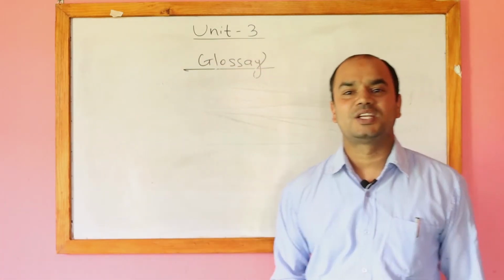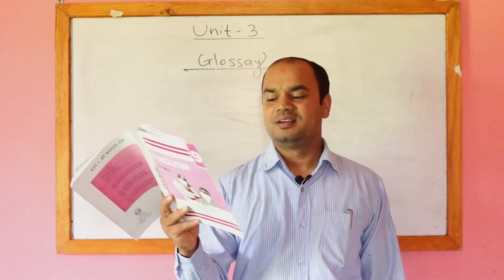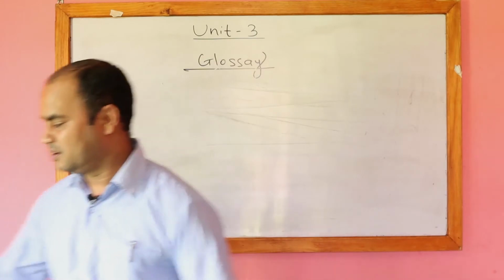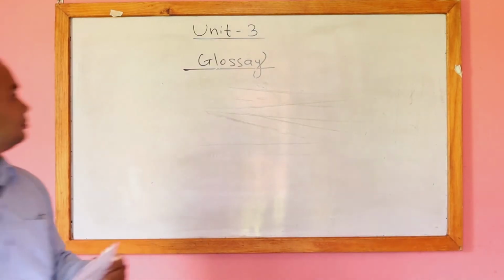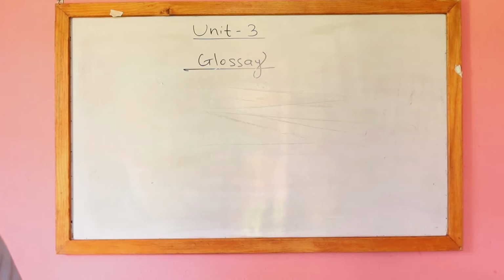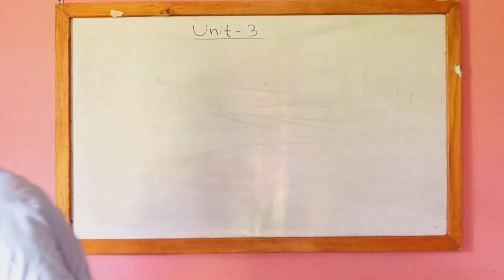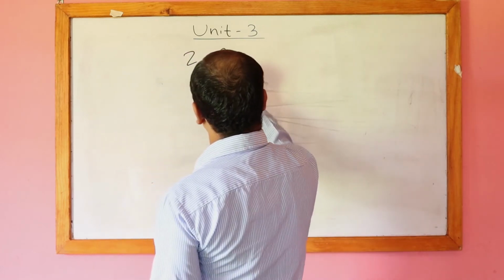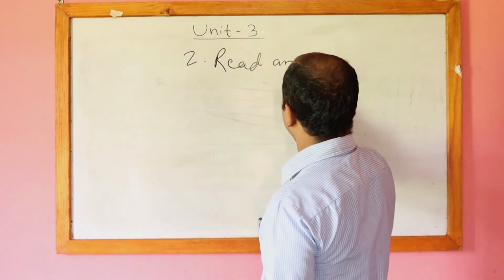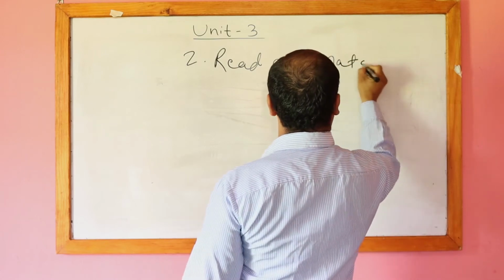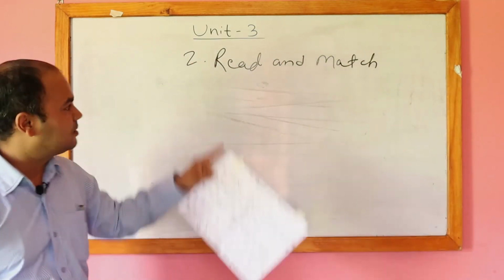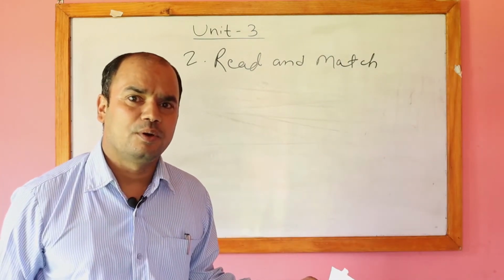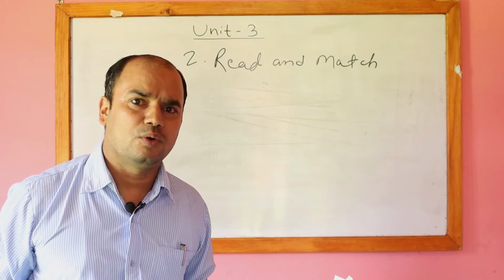So now my dear students, we have to go to the read and match. Question 2 you can see in your textbook. So, read and match. You have known the vocabulary, you have known some words in the difficult words glossary.